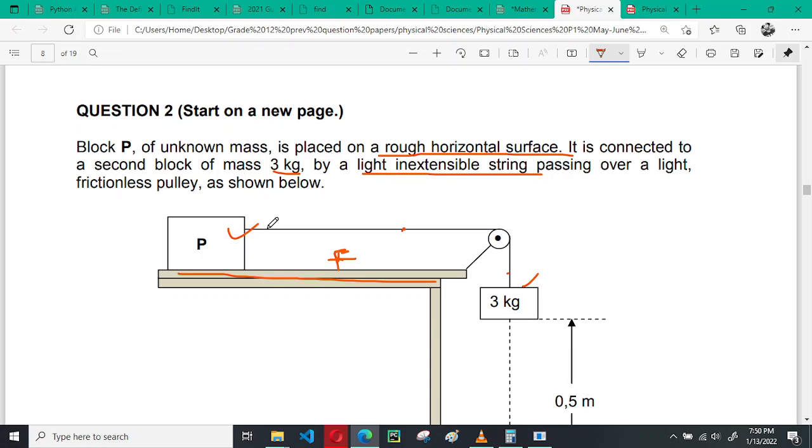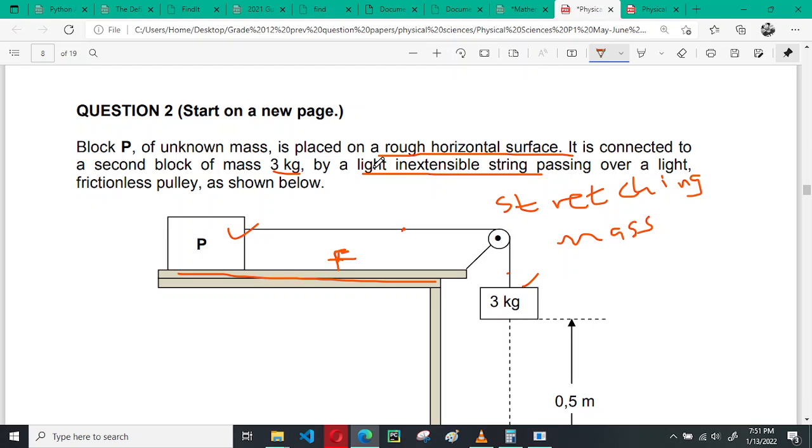So you just disregard those two elements, stretching and mass. That's what the keywords light inextensible mean.